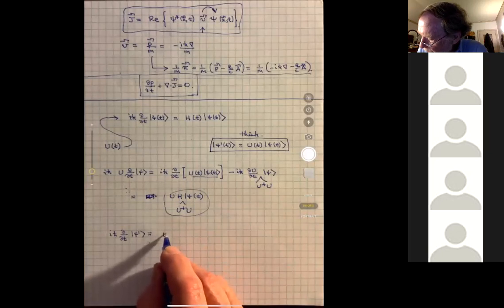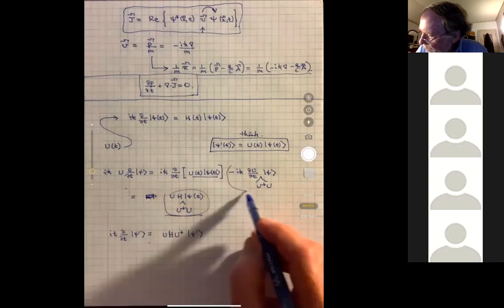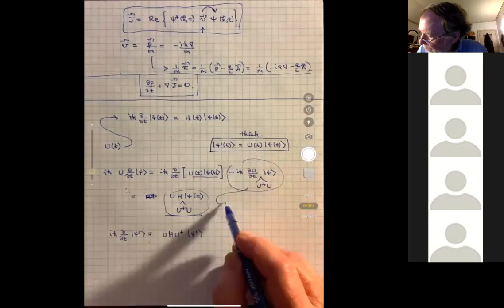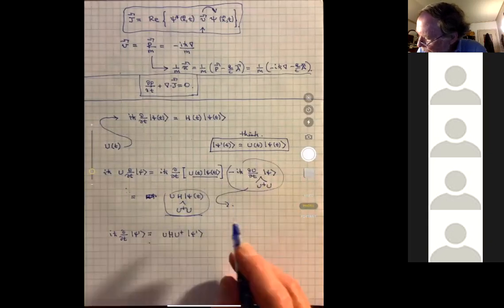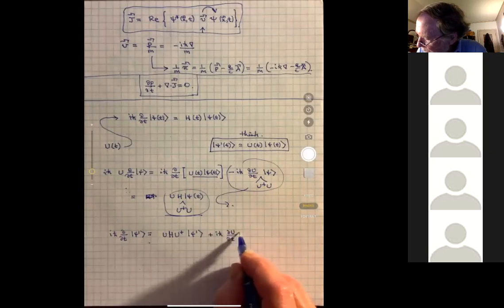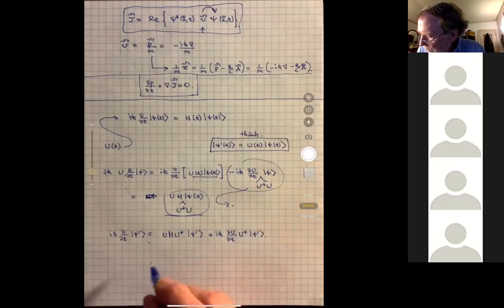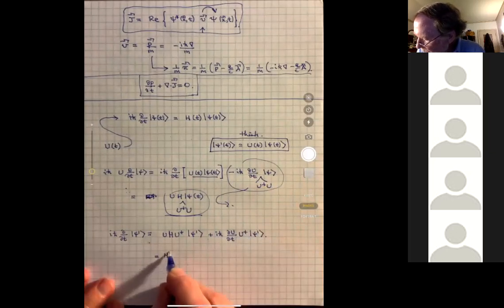It gives me U H U dagger times psi prime. That's this term. And as for this term, I'll bring it over to the right-hand side. So we change the sign, and it becomes plus iħ partial U with respect to t times U dagger multiplied onto psi prime. And so we can write it this way as H prime psi prime.